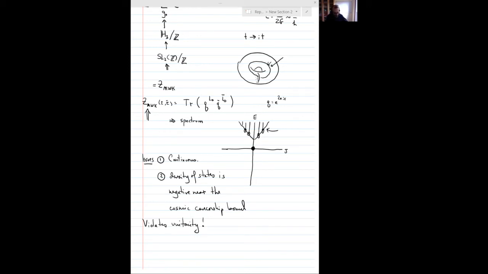But the partition function is positive, right? Yes, the partition function is positive, but the density of states that you extract from it is not. Could it overpower? You have presumably some positive density of states part and then some negative part, right?